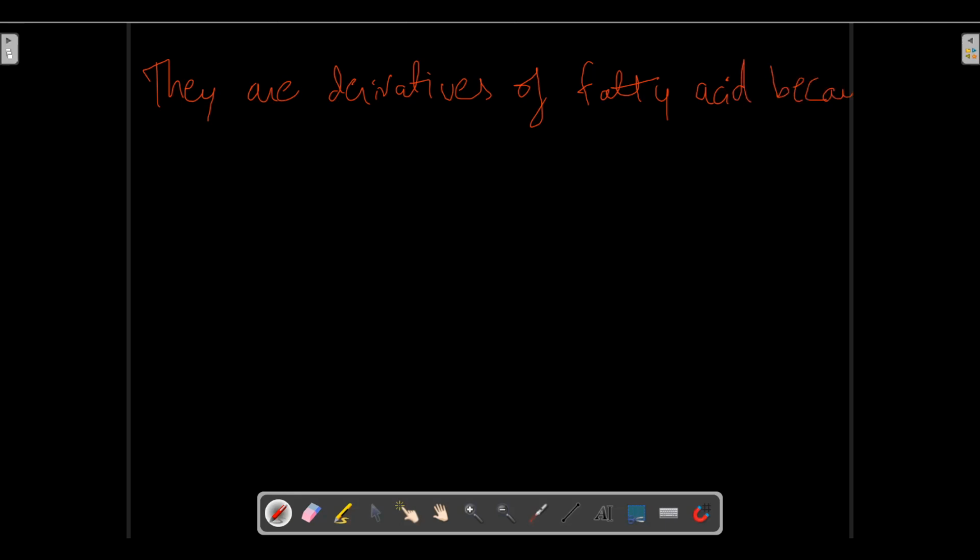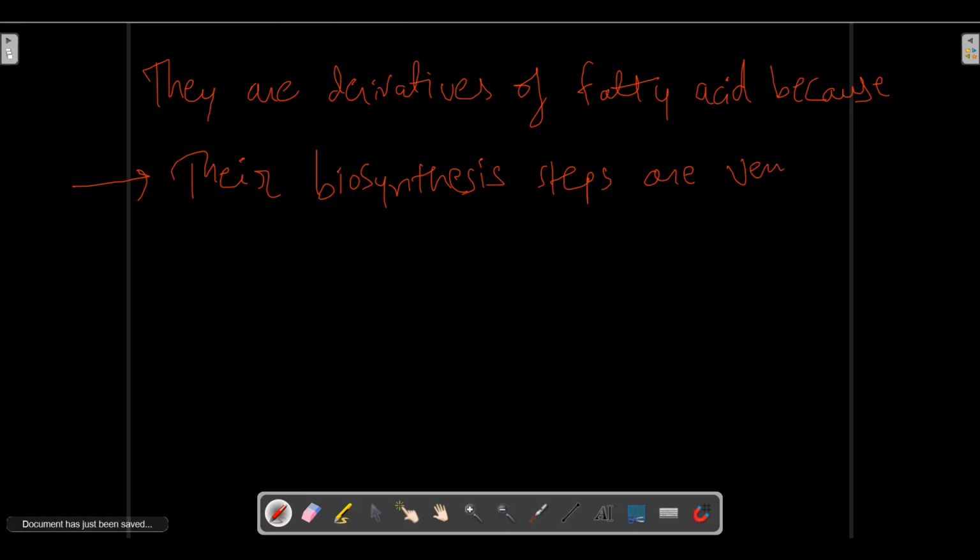Because their biosynthesis steps are very similar to that of fatty acid.